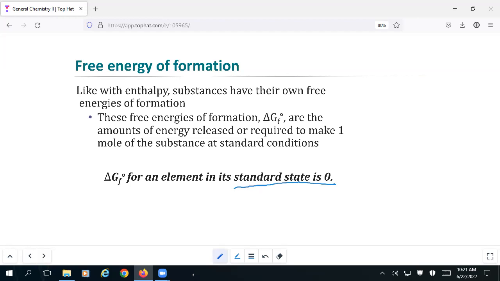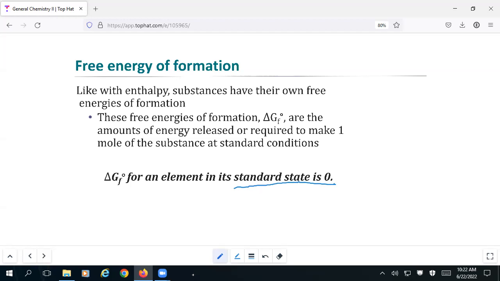For diamond, it is 2.90 kilojoules per mole. Those little things do make a difference. And so do phases. Looking at the difference between water in the gas phase versus water in the liquid phase versus water in the solid phase, they would all have different free energies of formation. So we've got to be careful with those phases.